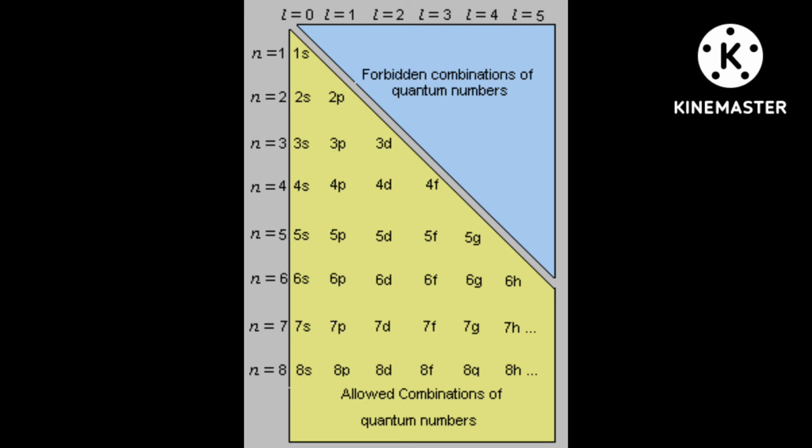For p, 6 electrons. In the s subshell, only 1 orbital is there, so only 2 electrons. The p subshell means 3 orbitals, then 6 electrons. In the d subshell, 5 orbitals are there, means 10 electrons. In the same way, f means 7 orbitals, then 7 into 2, 14 electrons.